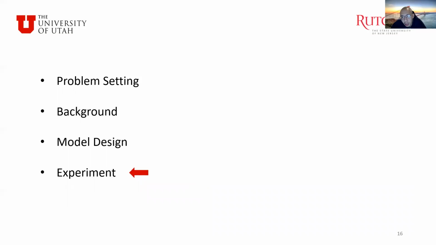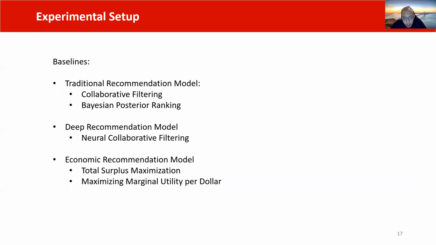Let's talk about the experimental settings. We compare our model with both classical recommendation models and economic recommendation models. We also compare the performance with neural collaborative filtering, which is a state-of-the-art deep learning-based recommendation model.